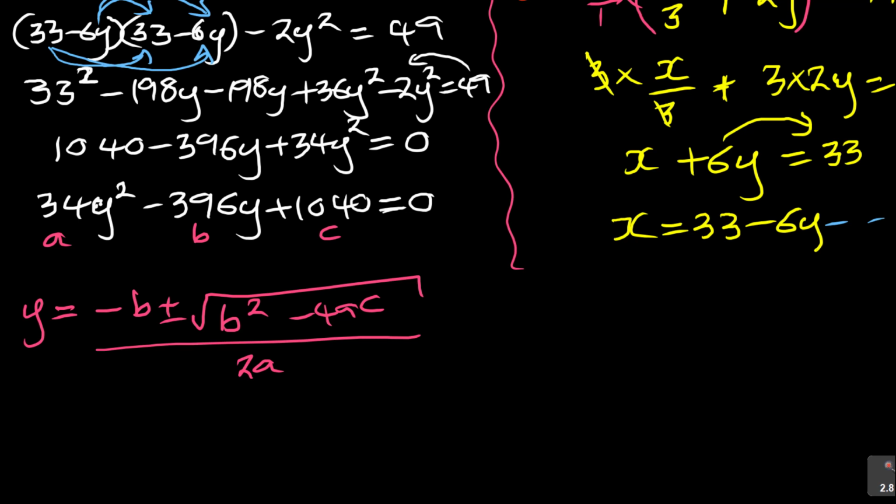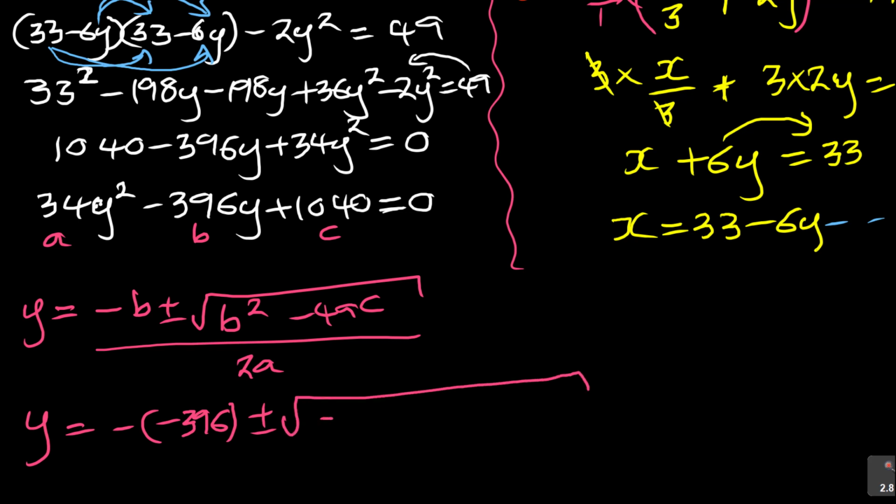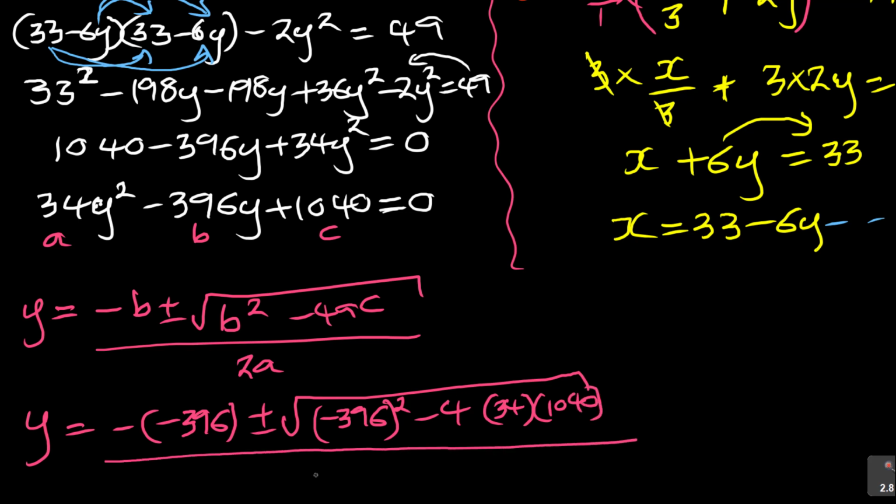And then what you do there is y is equal to minus bracket minus 396, plus or minus square root of negative 396. Please put a bracket. Don't forget that bracket is very important. Squared minus 4, my A is 34, my C is 1040. Right. Then everything divided by 2, my A is 34.